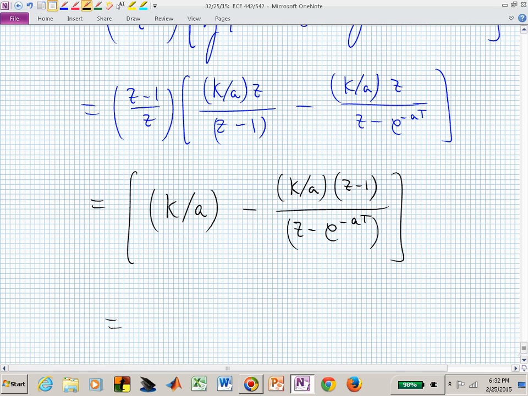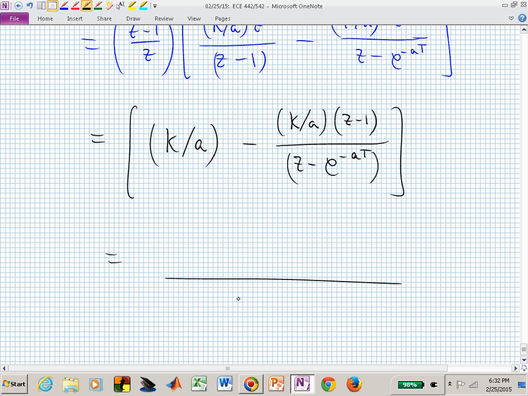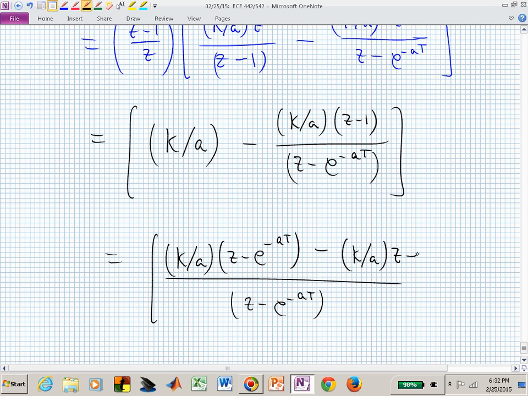And if we put everything over that same common denominator, which now has a pole at z equal to e to the minus at, or z equal to r, we have k over a times z minus e to the minus at, minus k over a times z minus 1.